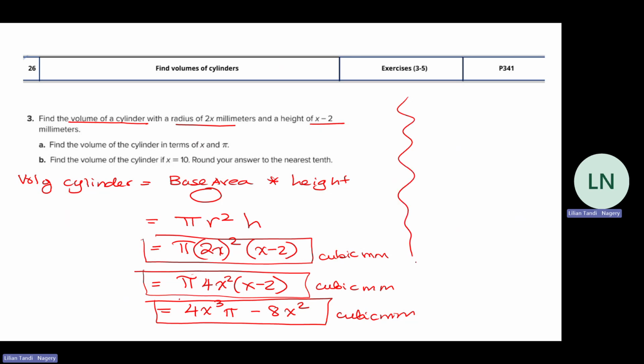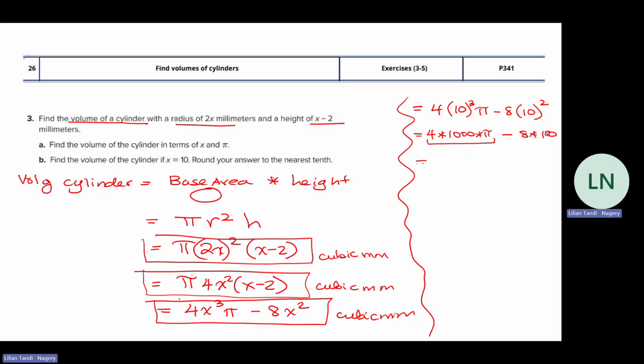You're going to write 4 parentheses 10 to the third power multiplied by pi minus 8 parentheses 10 to the second power. So this is 4 multiplied by 1000 multiplied by pi minus 8 multiplied by 100.